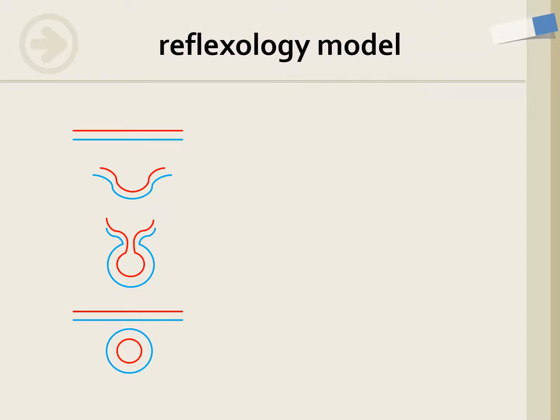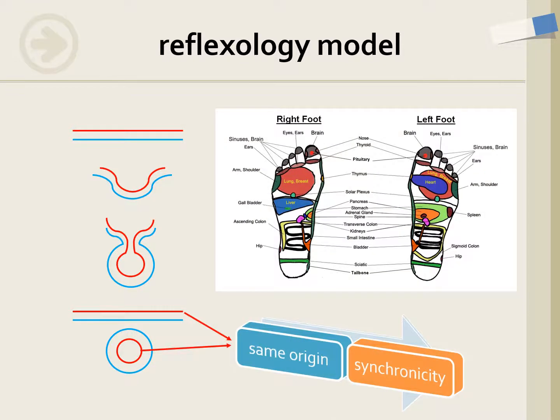We can also think of reflexology in this regard. The reason why skin represents inner organs can be explained as they have the same origin at any stage of the development. Therefore, stimulus to the skin can influence inner organs. It's the way synchronicity works.